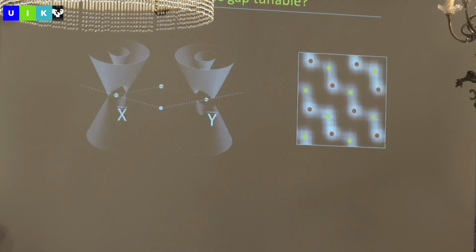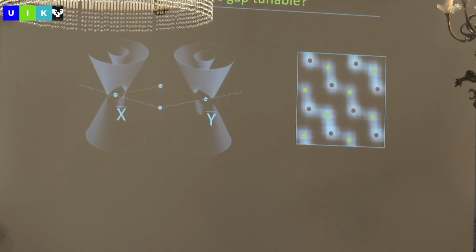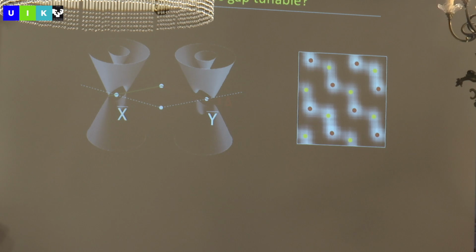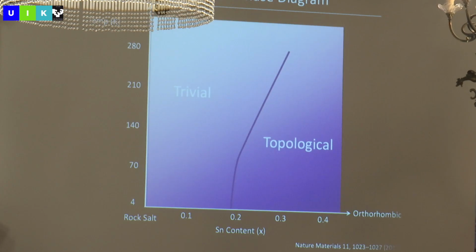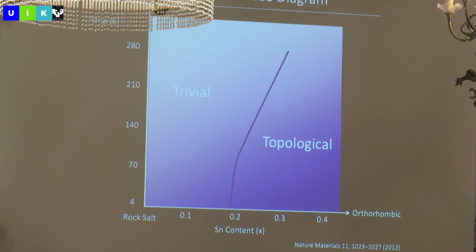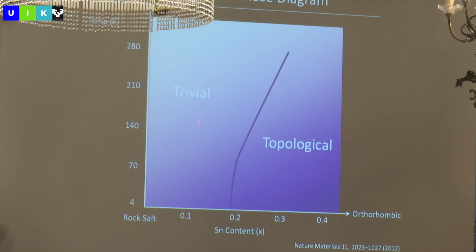Okay, so this is what we saw, and that's really nice. Now, in the next few minutes, before I jump into topological superconductors, let me show you what happens as you tune the system from a topological state to a trivial state, and something quite interesting happens. We did the same thing: we changed the tin content, and as you change the tin content, you go from the topological to the trivial phase.